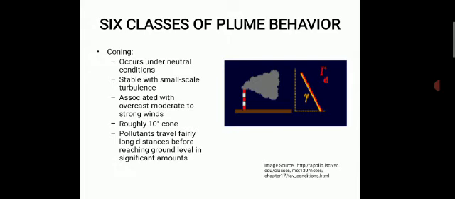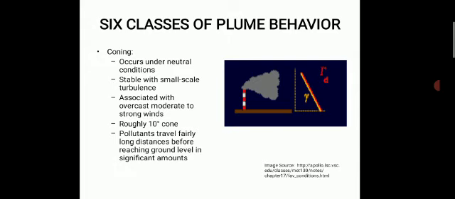Coning plumes are typically formed on partly cloudy days when there is alternate warming and cooling of the atmosphere. Warm gases released into cool ambient air expand and rise into the upper atmosphere, which forms coning plumes. The pollutants travel a fairly long distance before reaching ground level.